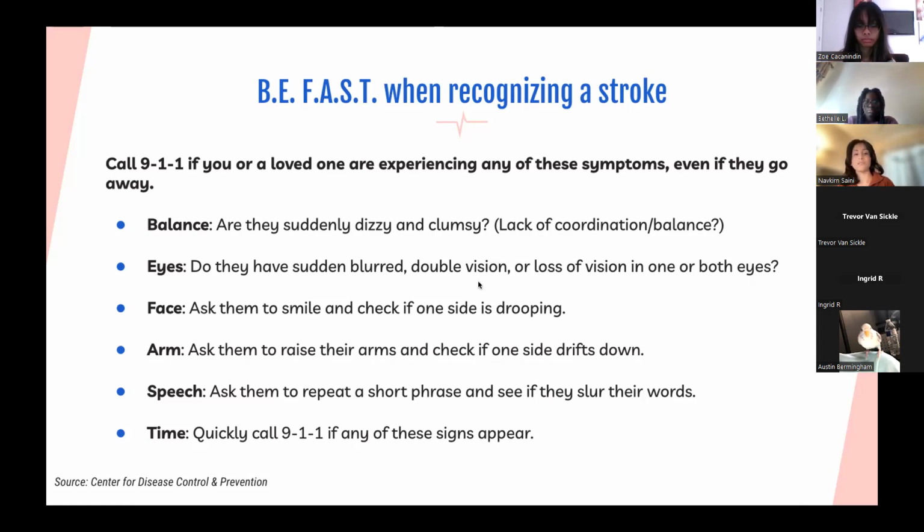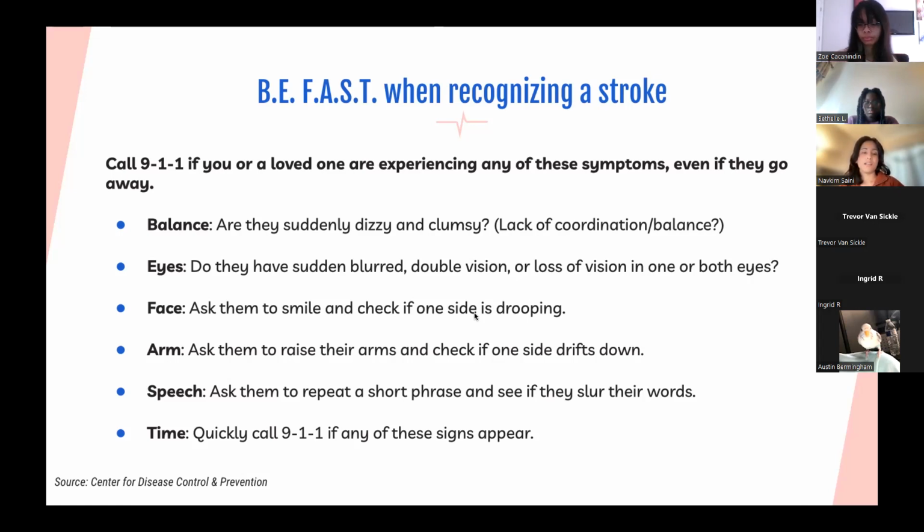So you would ask them to smile, and check if either side is drooping in any way. When looking at their arms, another key is to make sure that they can raise both of their arms. And if they can't, then that's a possible sign of numbness or a blockage as well.